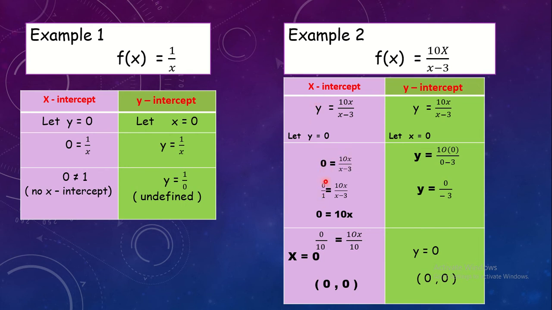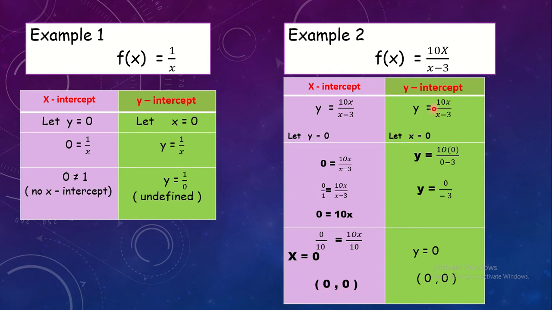Magiging ganito siya: 0 over 1. So 0 times x minus 3 is 0. 10x times 1 is 10x. We have to eliminate the 10 beside the x, kaya magdi-divide tayo ng 10. So magyayari is 0 divided by 10 is 0. So therefore, our ordered pair now is 0 and 0.